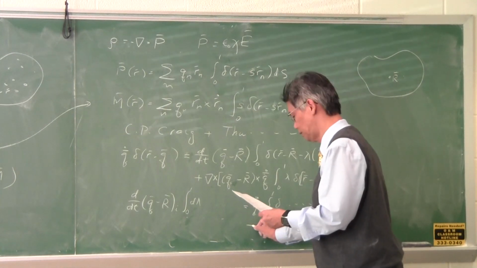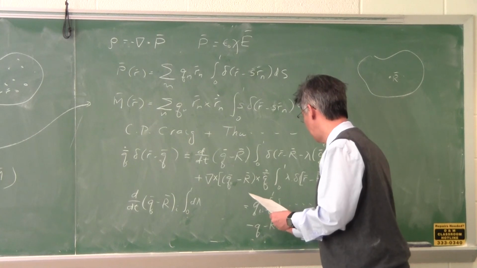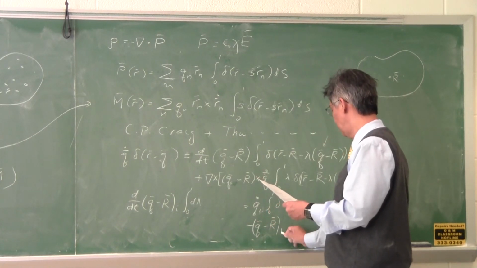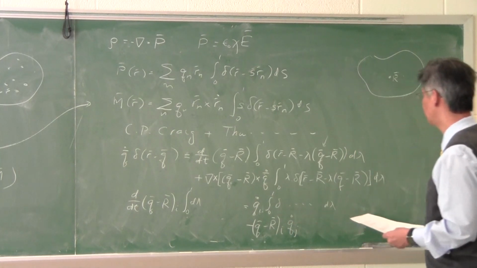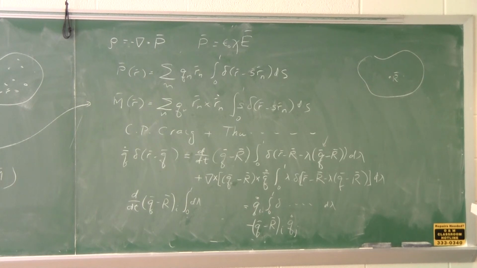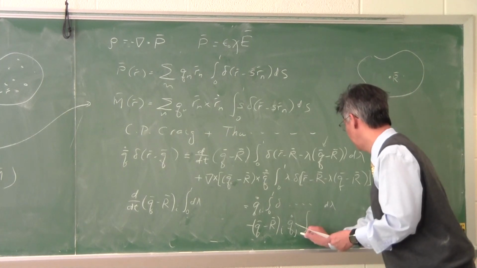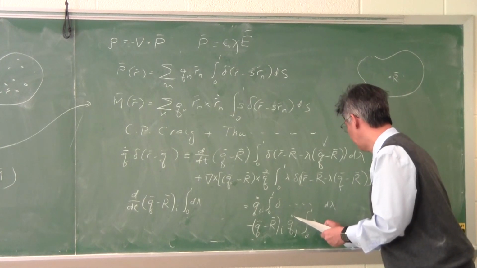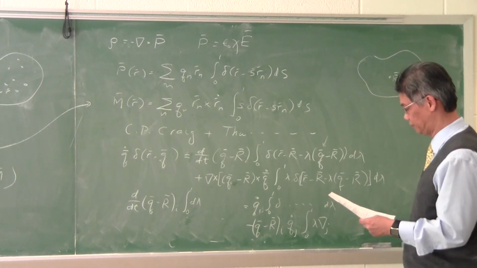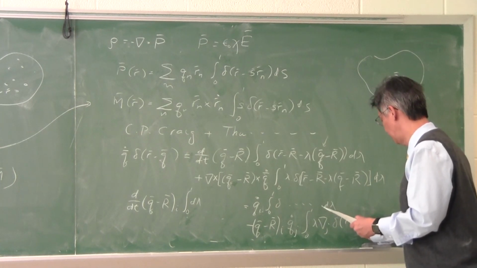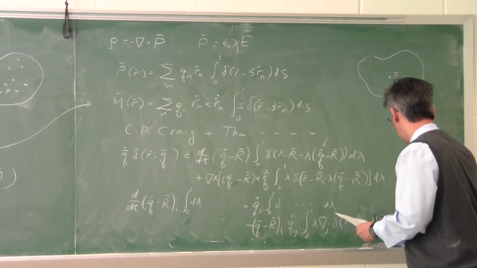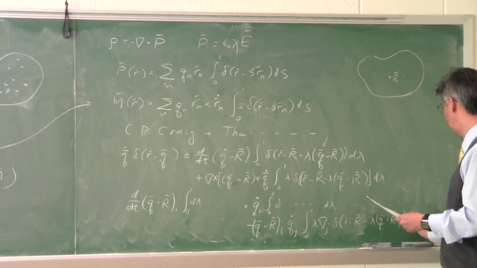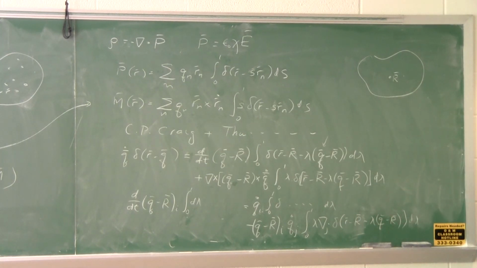You get a term that looks like this: Q minus R_I, Q_J dot, Q_J, and then integral 0 to 1 of lambda, sum over j of delta of r minus R minus lambda (q minus R) d lambda. So the first term is easy to understand.